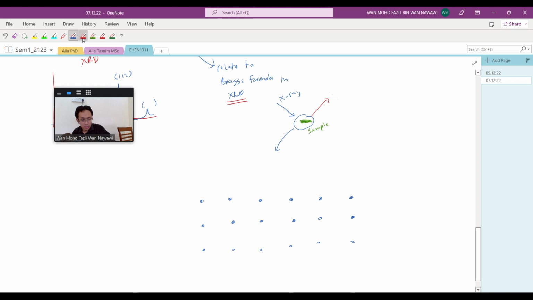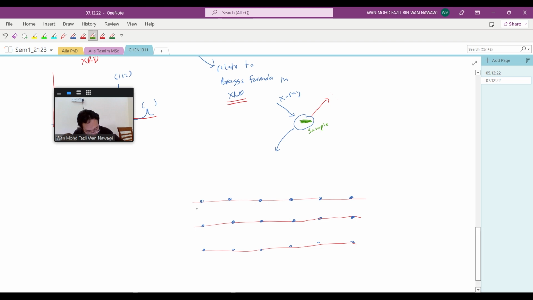So we learned before about the plane. The plane is where the atoms reside in a line, so we can view this as a plane. And we said before, if the planes are parallel, we can describe them with the same Miller index. So these planes, if you see, are parallel.